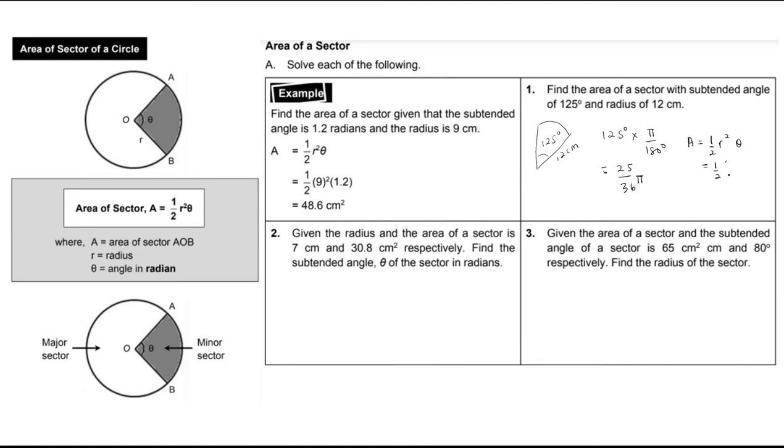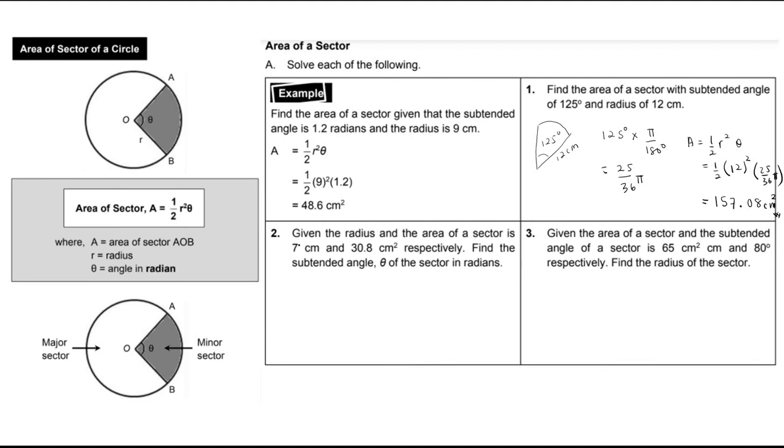So 1 over 2, given the radius is 12 cm, so 12 squared, theta 25 over 36 pi. Okay, and just use your calculator. Make sure your calculator is in mode radian and you should get 157.08 cm squared. Okay, that is the final answer.